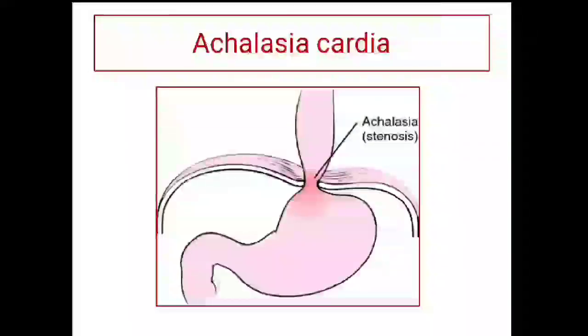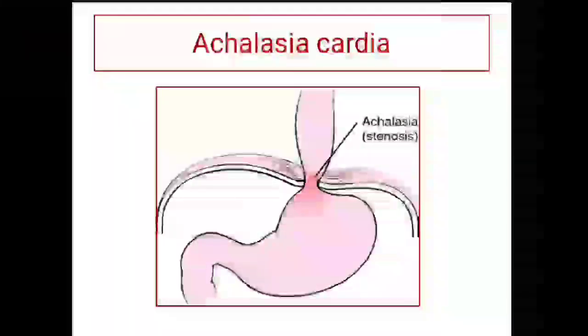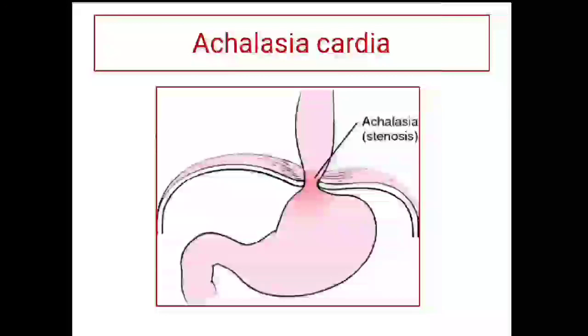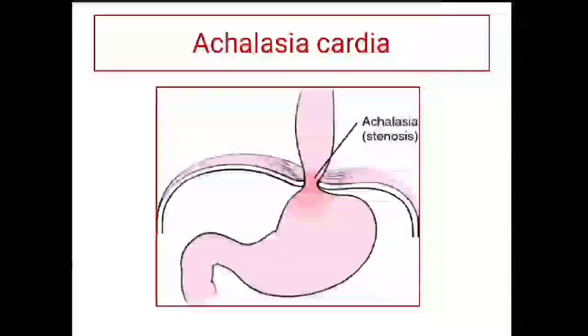Achalasia cardia is a very important disorder of motility of the esophagus. As we see in this diagram, in this disorder, there is narrowing of the lower end of the esophagus. Narrowing or stenosis literally translates into achalasia.